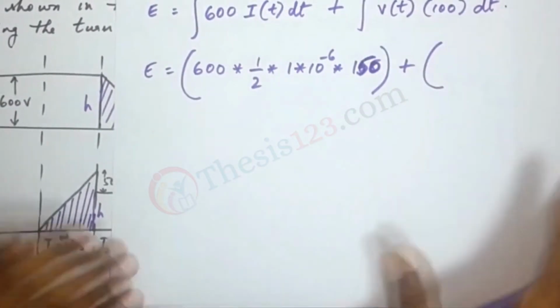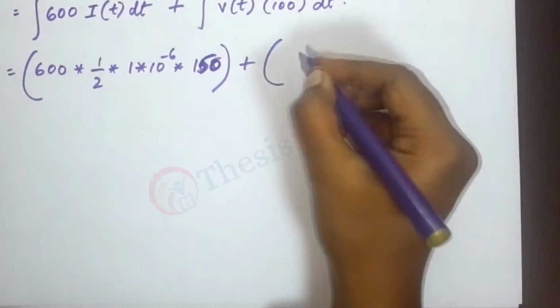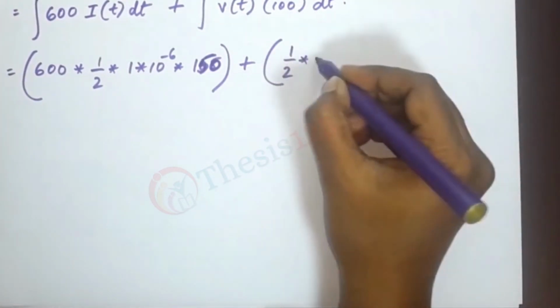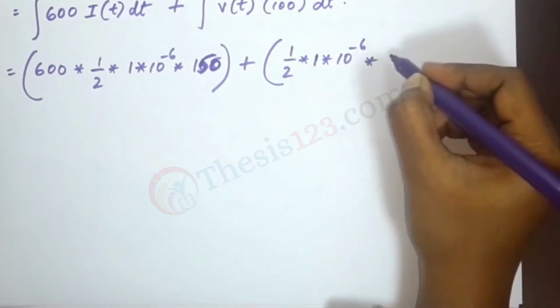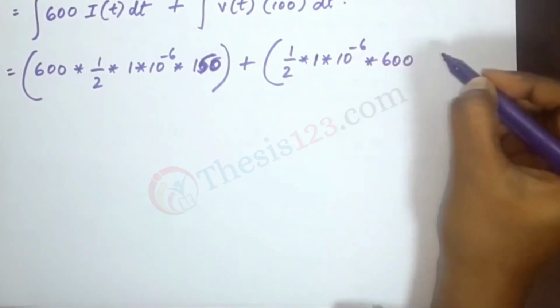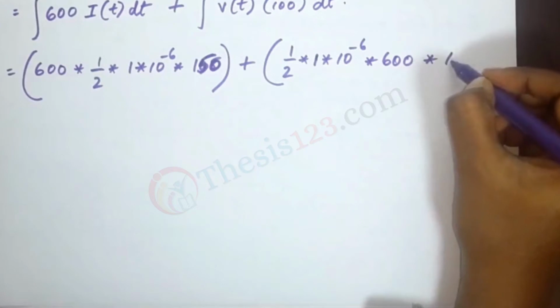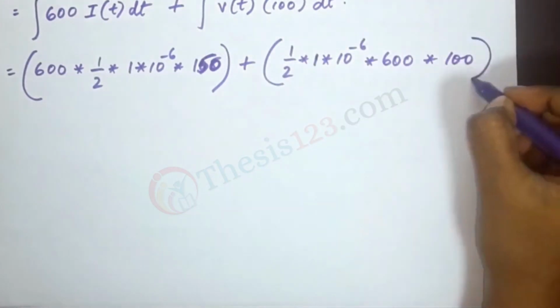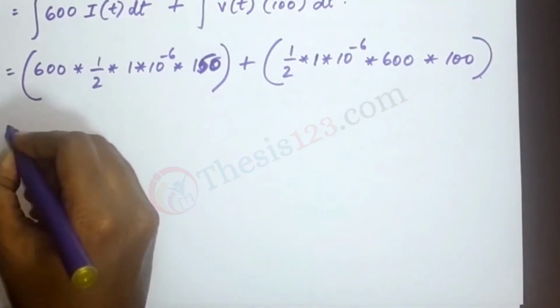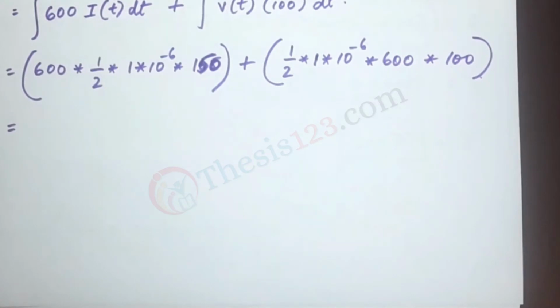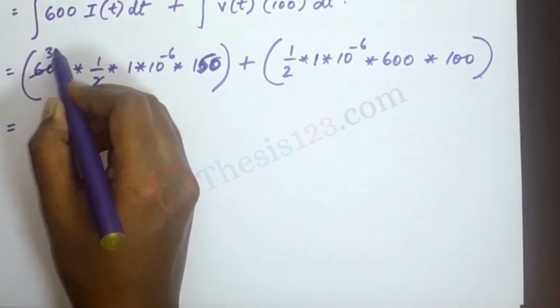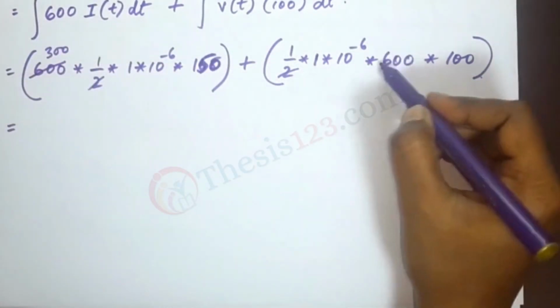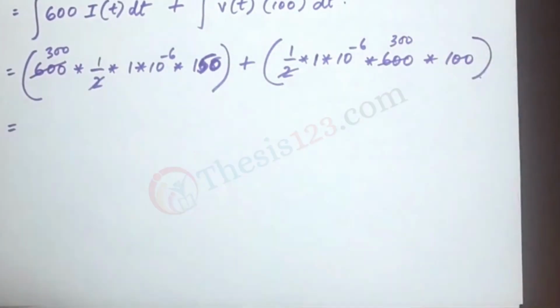The second part is half into 1 into 10 power minus 6 times the height, 600 for the voltage triangle, into 100 over here. Now if we solve this portion, that would be 300, and here that's 300 as well.